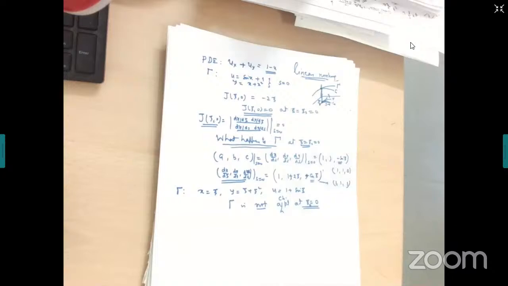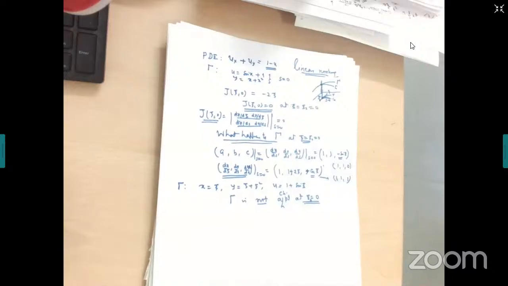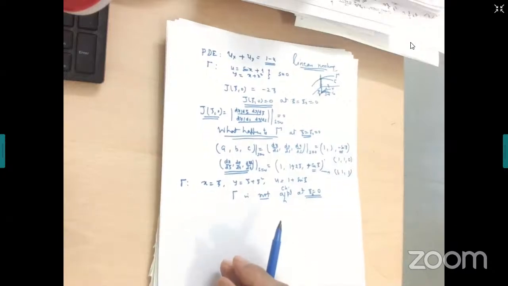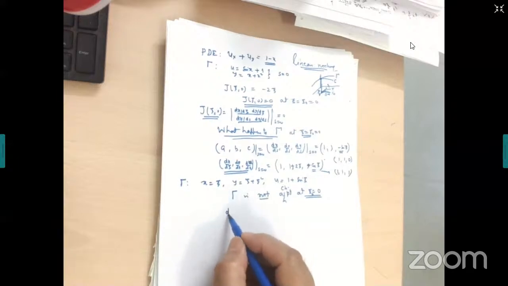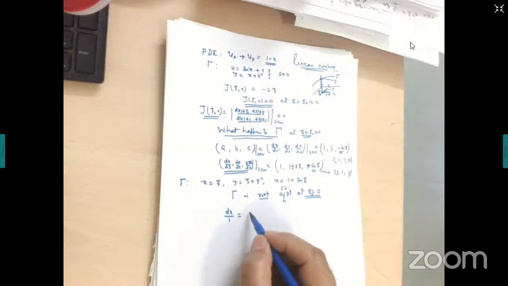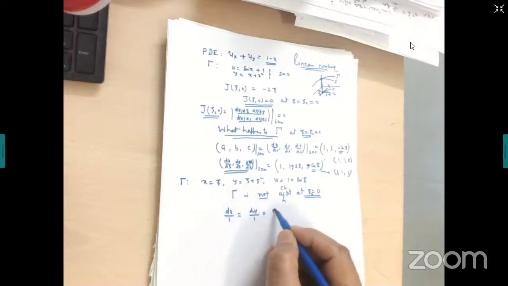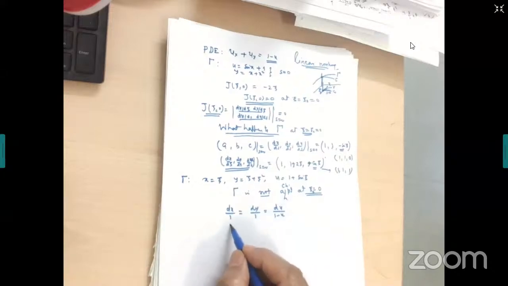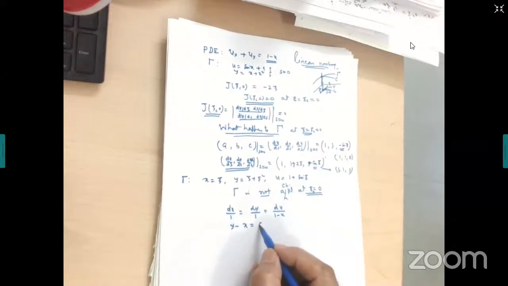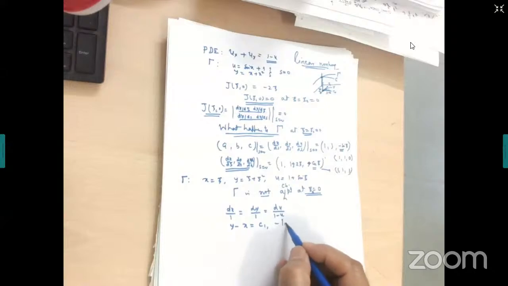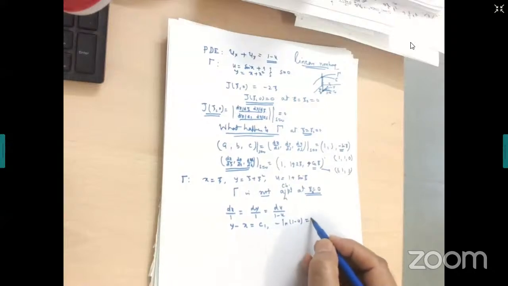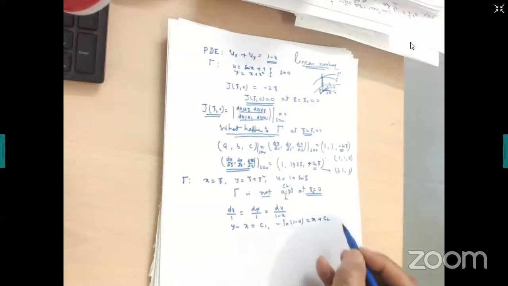All right. So now it would be interesting to find out what happens to the solution. The solution in this case would be dx upon 1 is dy upon 1 is equal to du upon 1 minus u. So y minus x is equal to c1 minus ln of 1 minus u, x plus some constant c2.